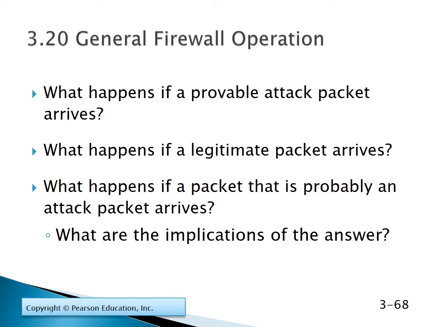As I said, it will be logged and it will not be sent to the server. What happens if a legitimate packet arrives? Of course it will be sent to the intended recipient. What happens if a packet that is probably an attack packet arrives? It's not a proven attack packet, but it's possibly an attack packet.